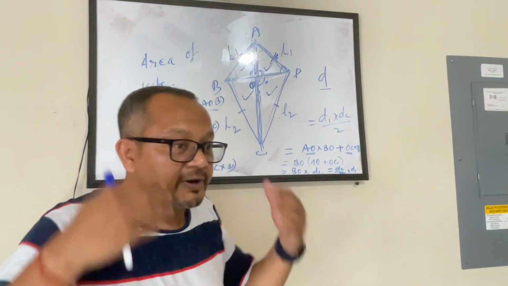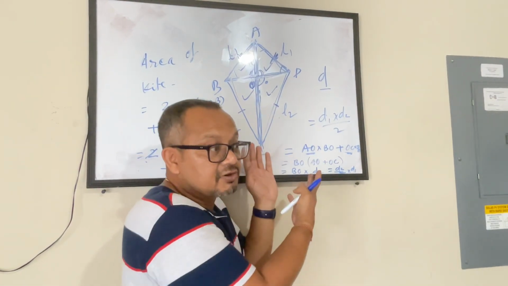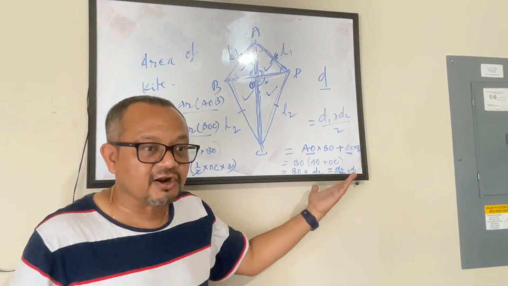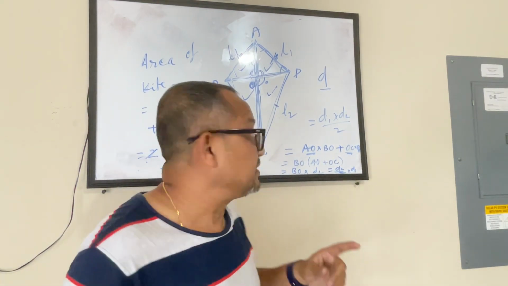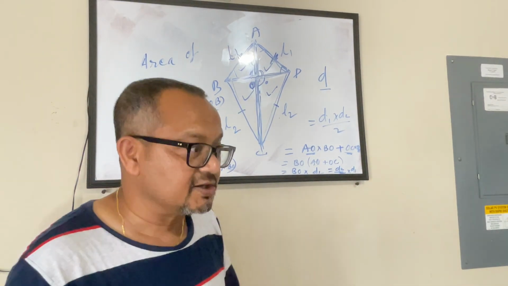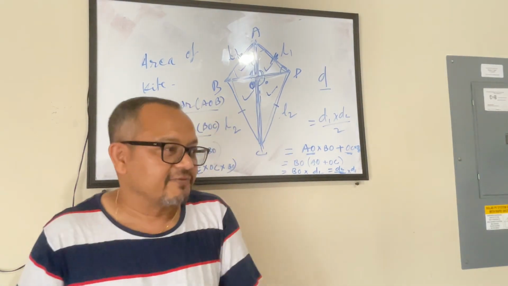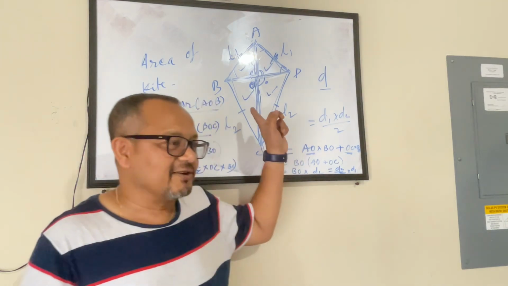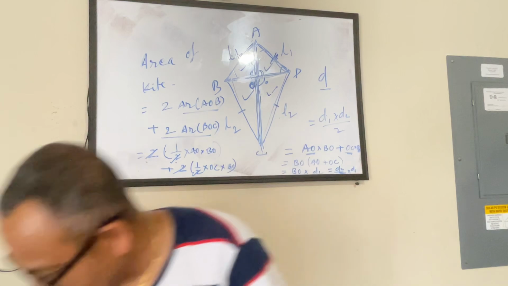Even when I grow old, when I have only grey hairs, then also I'll be able to derive it because the concept is not going to change. I did not memorize anything. And whatever I had memorized, I forgot. Same thing applies for you guys. Whatever you learn as a concept, when you derive it and you come to a point that, yes, this is what it is, that lasts with you much longer than your friends even. Your friends might leave you, go to another college, but the concepts will remain with you, regardless of which college you go to. Okay? Alright.